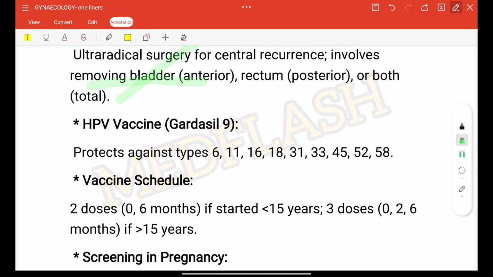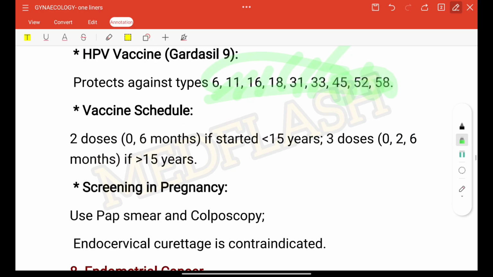HPV vaccine Gardasil 9, which protects against types 6, 11, 16, 18, 31, 33, 45, 52, 58. 9 variants, okay. Vaccine schedule: 2 doses, the second dose at 6 months, if started at less than 15 years.